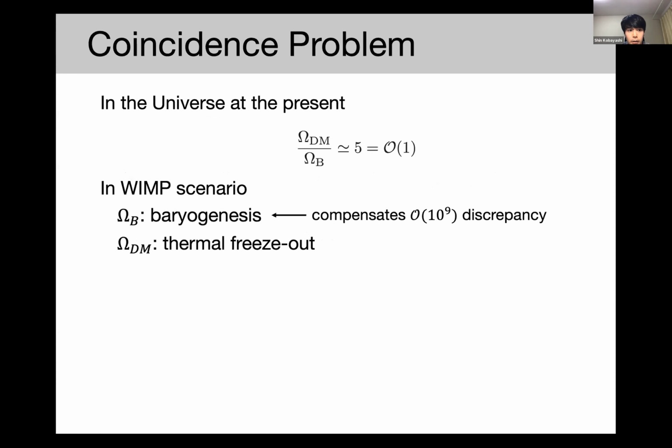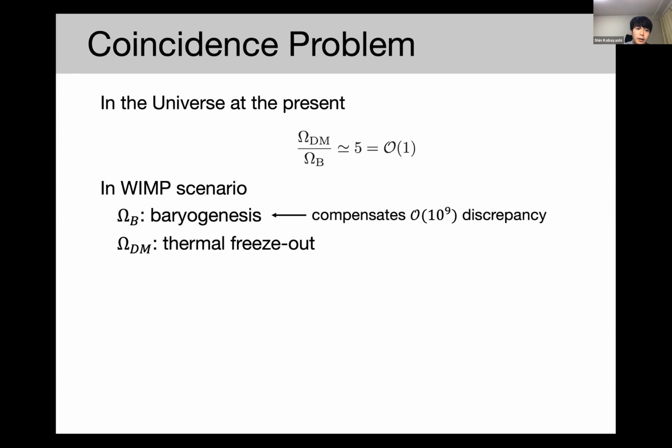However, in the usual WIMP scenario, it is difficult to solve the coincidence problem, because the abundance of the baryon is generated from baryogenesis, and the baryogenesis is introduced to compensate the order of 10 to the 9th discrepancy between the thermal freeze out of the symmetric part of the baryons and the observed baryon abundance.